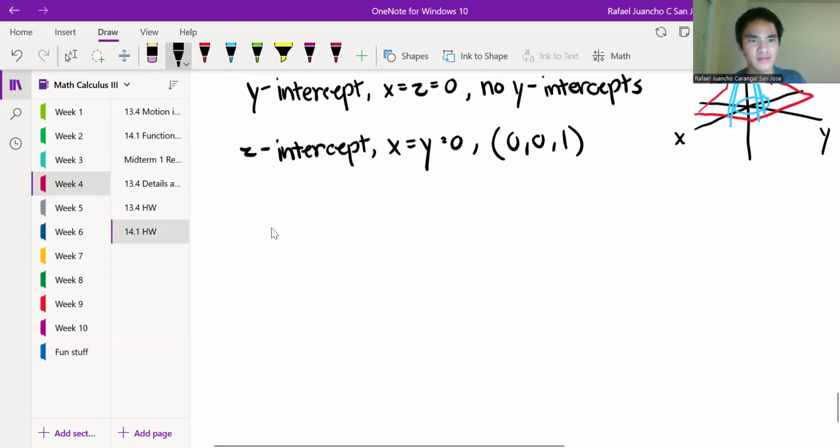Okay, my number 8. So here we're given a contour map, and we use it to make a rough sketch of the graph.